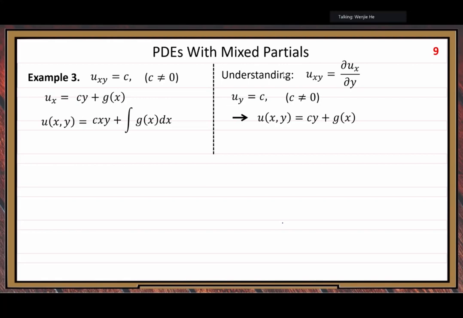Before we go to the next step, remember that in this step we only require the g function to be an arbitrary function. But when you write this integral form, do you want to modify the g function a little bit?